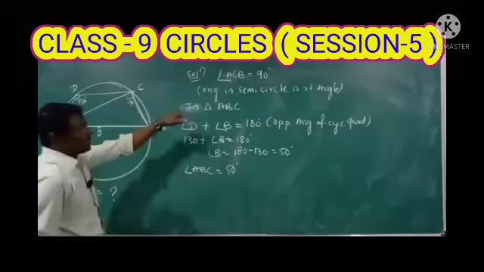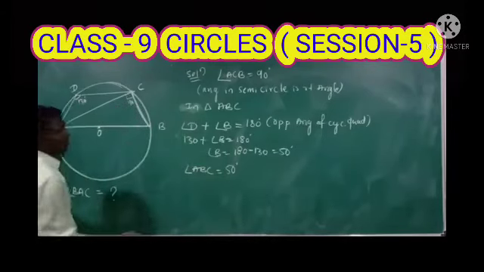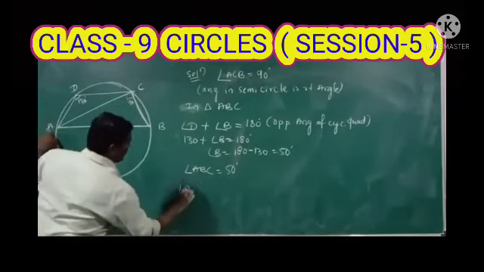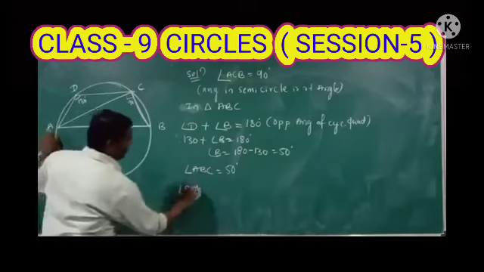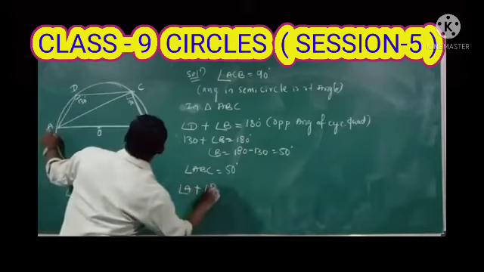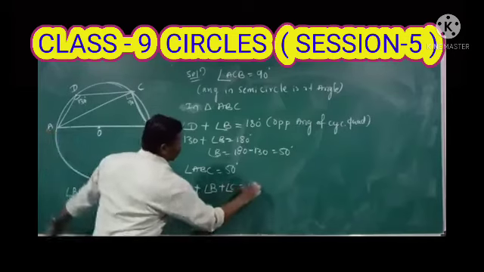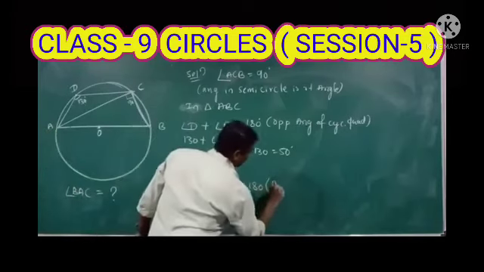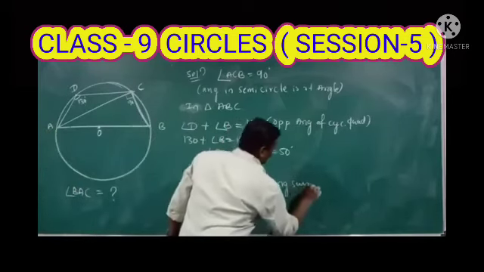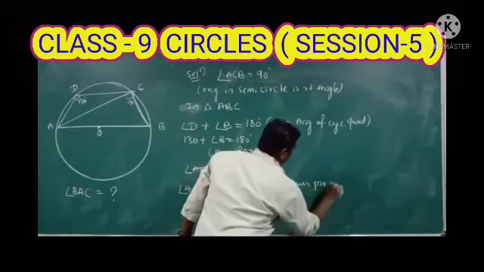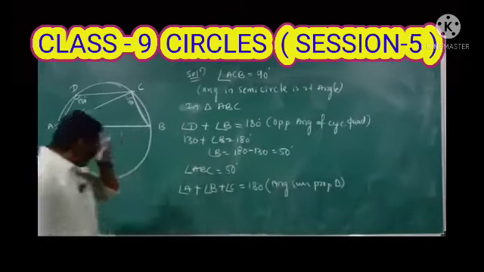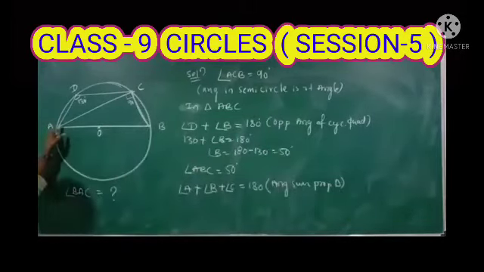Now in triangle ABC, consider the three angles: angle A plus angle B plus angle C is equal to 180 degrees. Reason: angle sum property of a triangle. We need to find angle A, that is nothing but BAC.